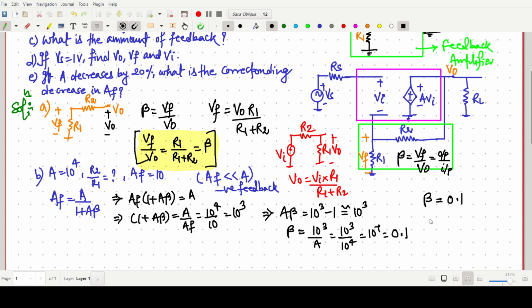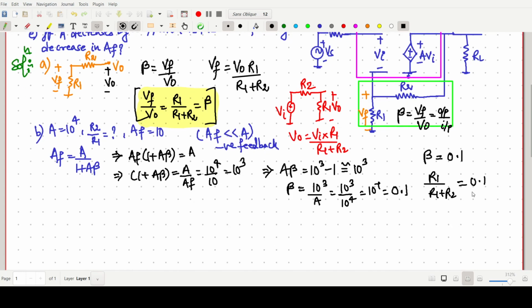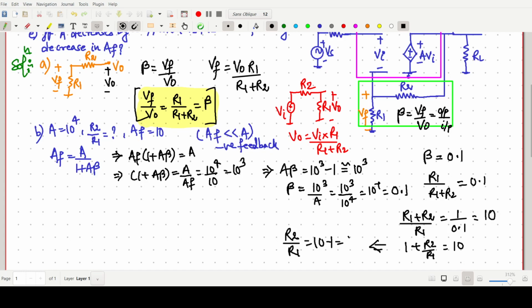Now beta is nothing but simply R1 by R1 plus R2, equal to 0.1. Now we can write R1 plus R2 by R1 equals 1 by 0.1, we are just reversing, or we can write this as 10. So we can write 1 plus R2 by R1 equals 10. Taking the 1 to the other side, R2 by R1 equals 10 minus 1, which is simply 9.